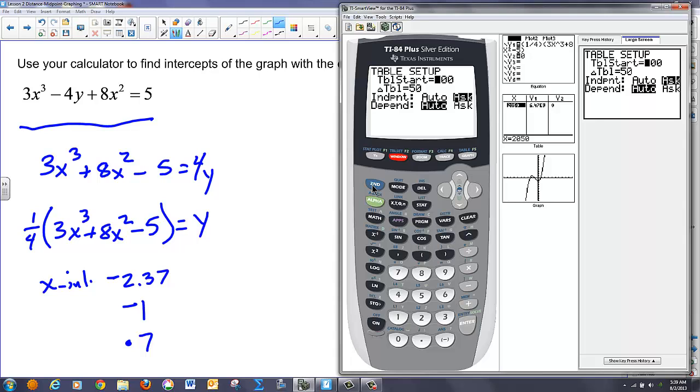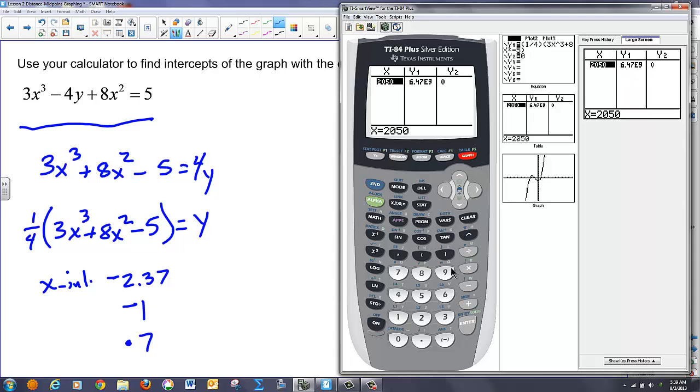So that's kind of what I want to do. I'm going to go back to table now. And I can clear this number here if I'd like, or delete it out. And once I do that, then I can plug in any x value like 0, and it'll give me the y value associated with it.